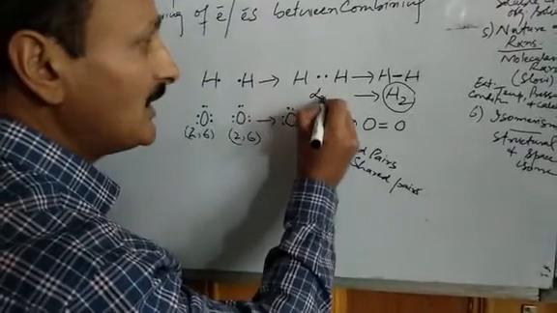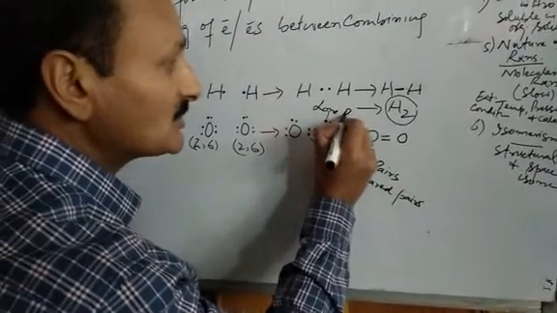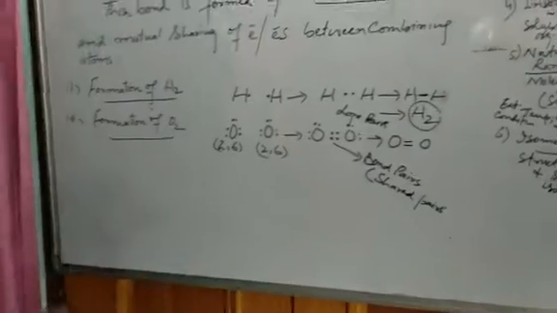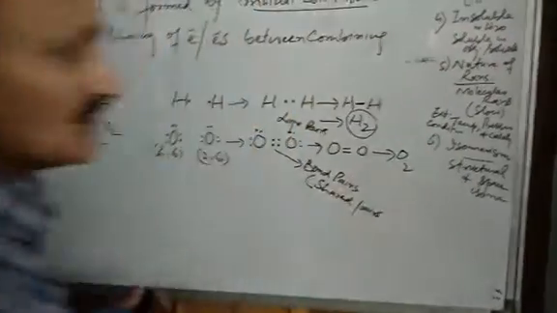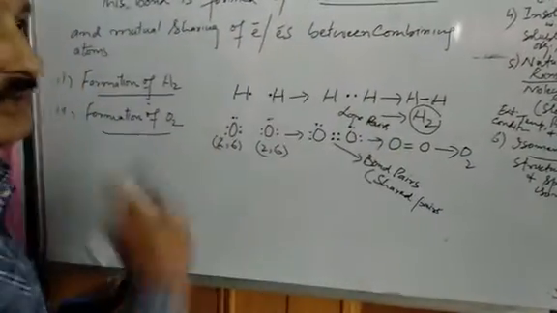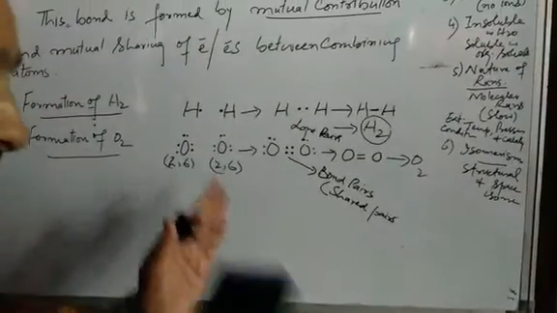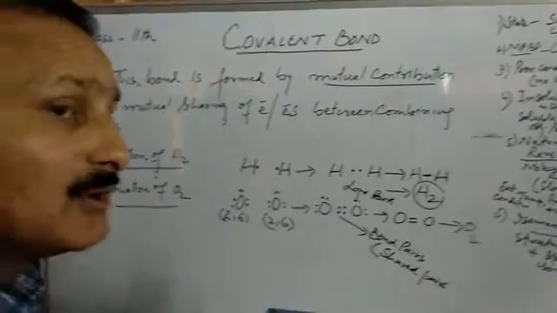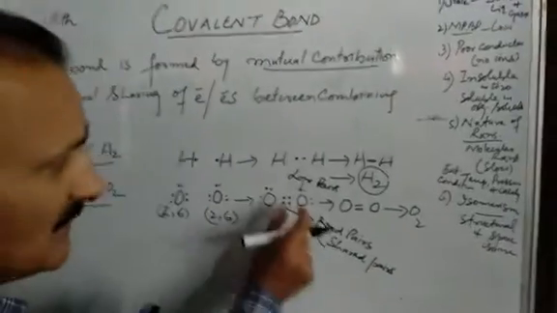What are lone pairs? Lone pairs are those electrons which do not take part in bonding. So as a result, the O2 molecule is formed, and this is a double covalent bond. So what is a double covalent bond? A double covalent bond is formed between atoms when there is mutual sharing of two pairs of electrons.